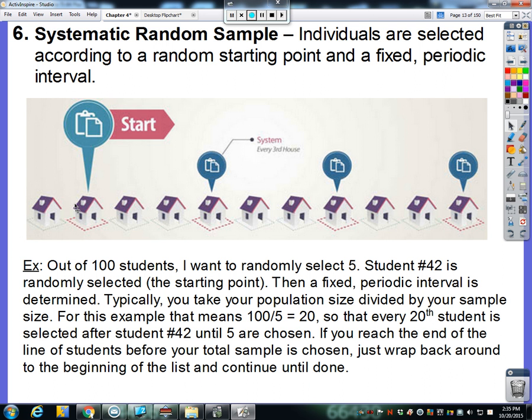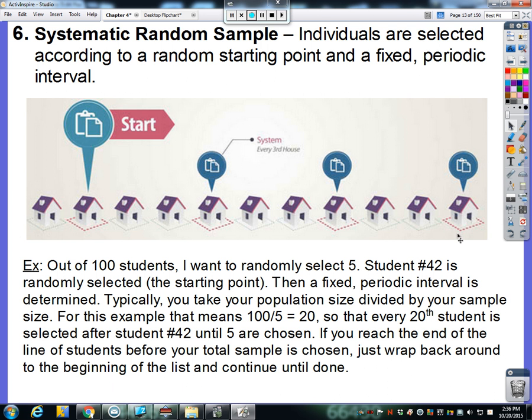Let's say I randomly select the second house to be my starting point, and then I just need every third house on the street. So my system says my fixed periodic interval is to skip the next 2 houses and hit the third, skip the next 2 houses and hit the third, skip the next 2 houses and get the third.